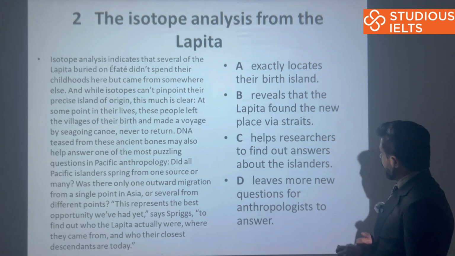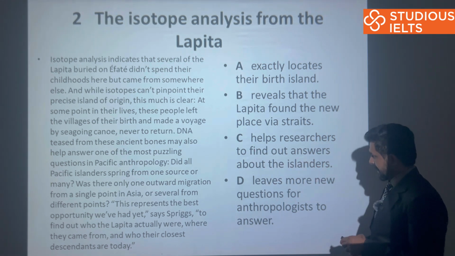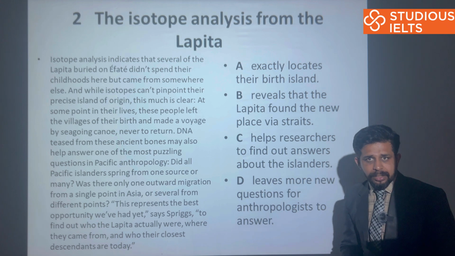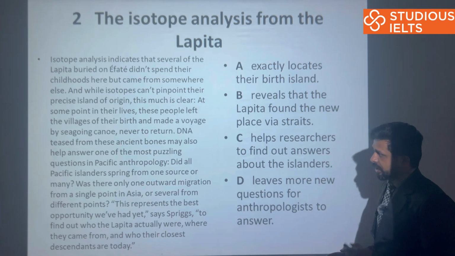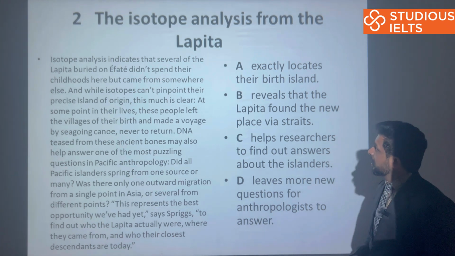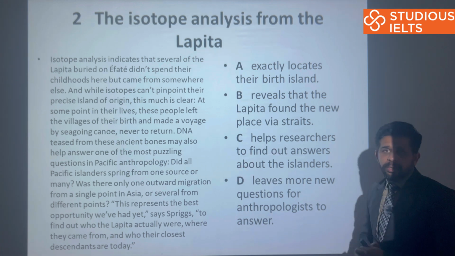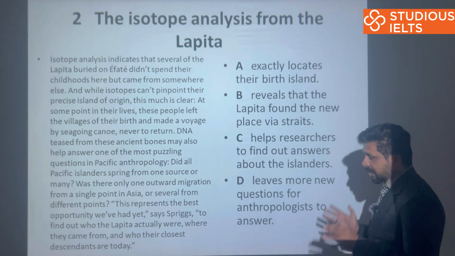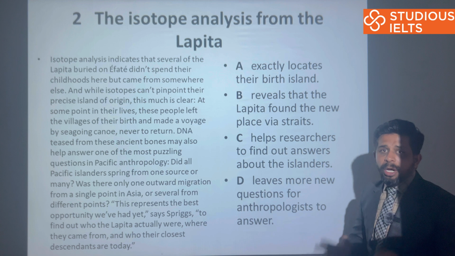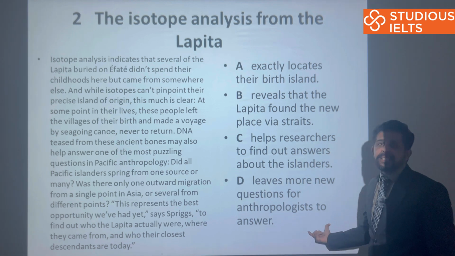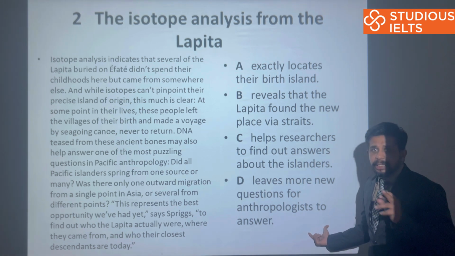Further, they say it helps researchers find out answers about the islanders. Yes, Lapitas were islanders, and a number of questions related to them have been answered by this analysis. So I would mark C as my answer, but not before eliminating D as a wrong answer. So let's read that as well.